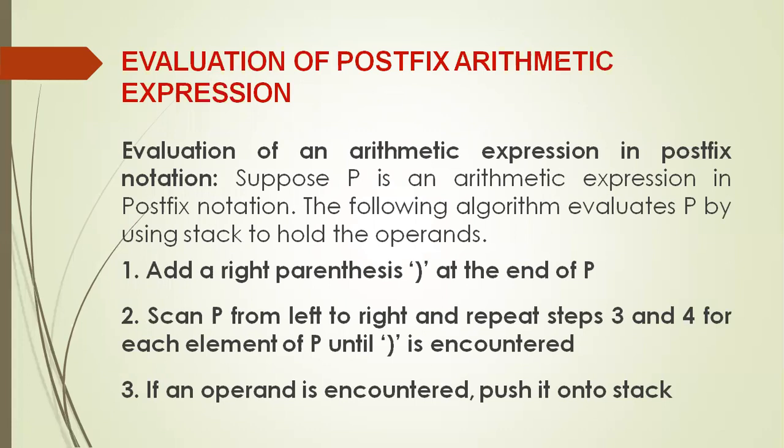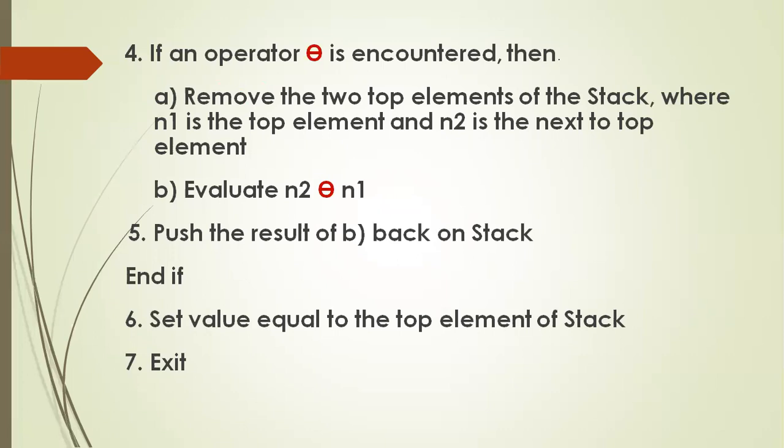If an operator is encountered, you remove the top 2 elements from the stack. We know that a stack is first in, last out. So when you pop the first time, the top element comes, which you call N1. The next time you pop, one more element is removed, which you call N2.